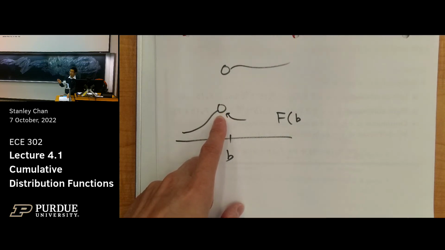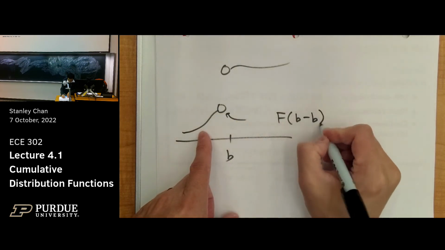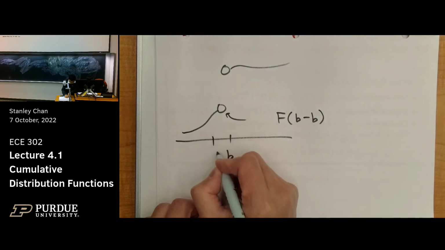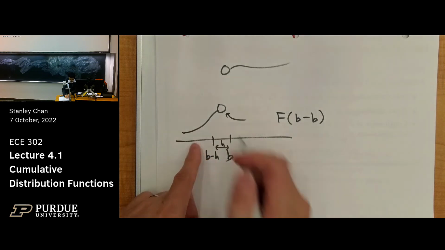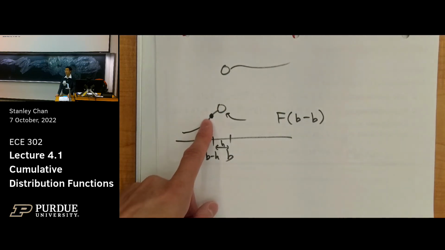Where is the defined range? It will be b minus h, a little bit on the left-hand side of b. That is well defined. So let me say there's an h here, so this is b minus h. It will be somewhere here. This is a well-defined value.